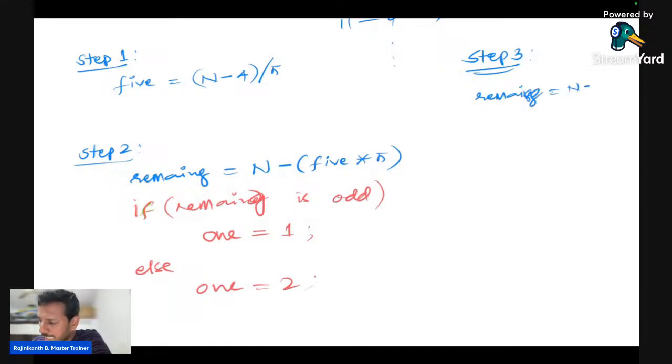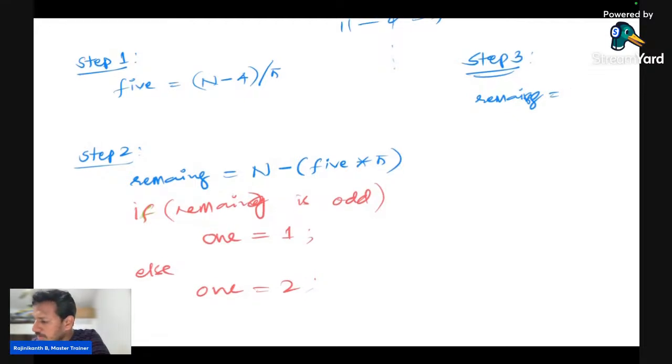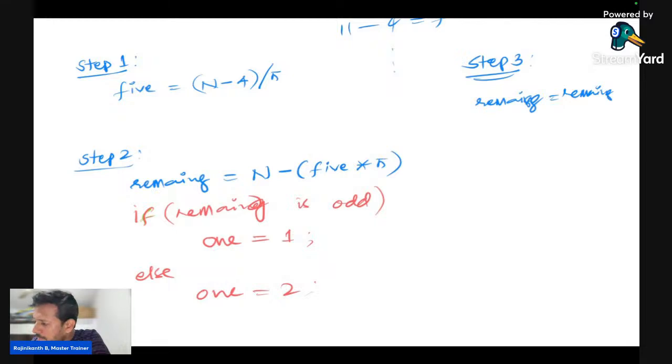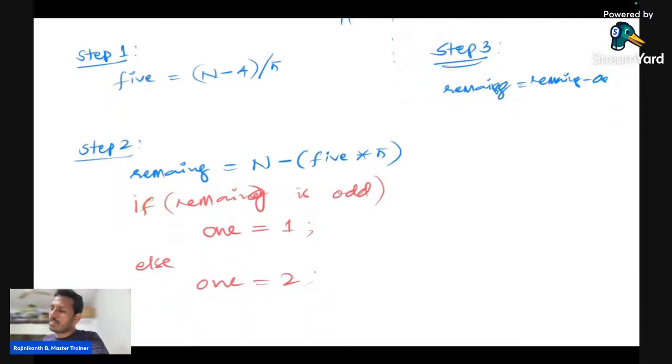Remaining amount, which we already calculated in step 2, minus how much amount we are forming with the 1 rupee coins. And for the remaining, the number of 2 rupee coins equals remaining amount divided by 2. Obviously it is going to be an even value.